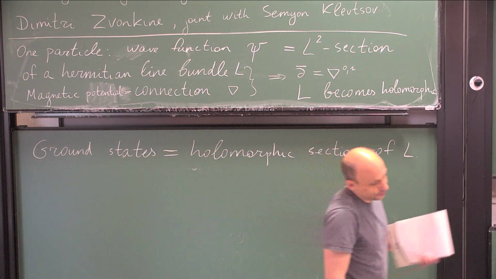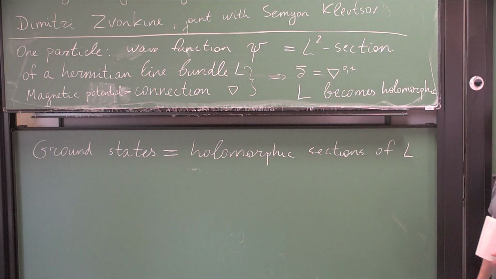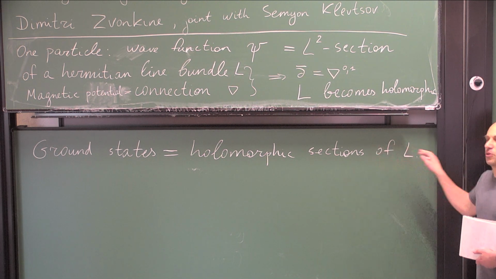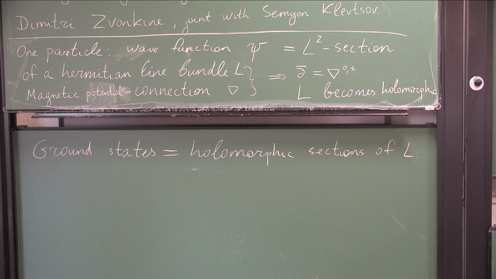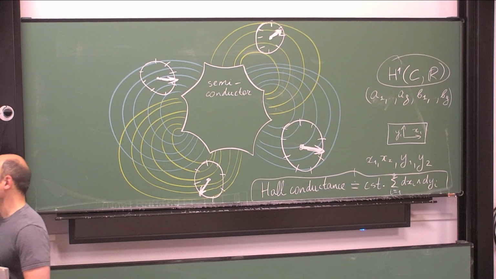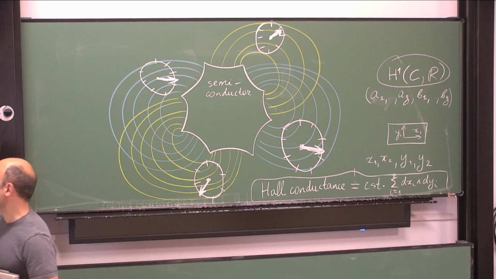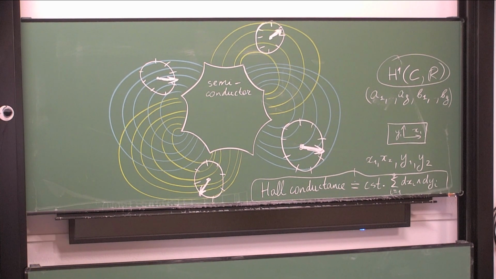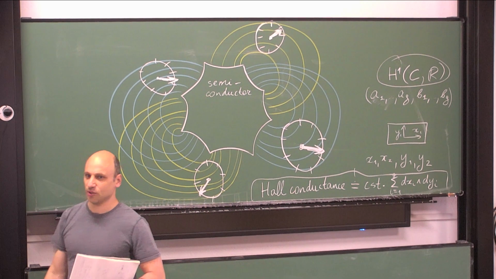The ground states of the one particle Hamiltonian, and actually it has to be fine-tuned a little bit. It is not always like that, but to get a nice theory, we take a Hamiltonian that is proportional to the Laplacian of this d-bar operator, and then the ground states are holomorphic sections.